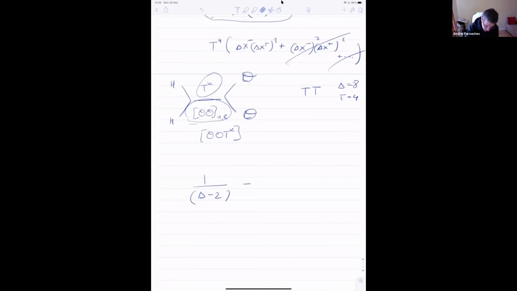Let's discuss a situation where there is a pole like this. This mixing happens with this guy. So this is not a minimal twist operator.